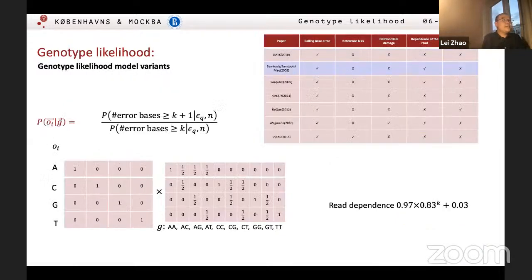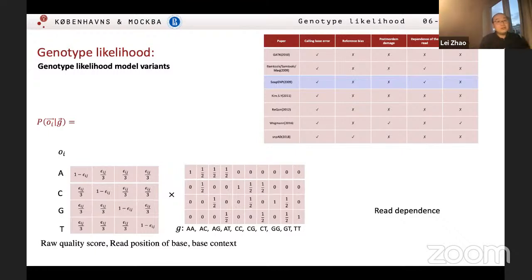And then we go to something that uses this recalibration. For SOAPsnp, they use the raw quality score, but they also take into account the read position of the base and also the base context, like whether the base is a C or T or G, or maybe the base is a C and the read is a T, this kind of thing.